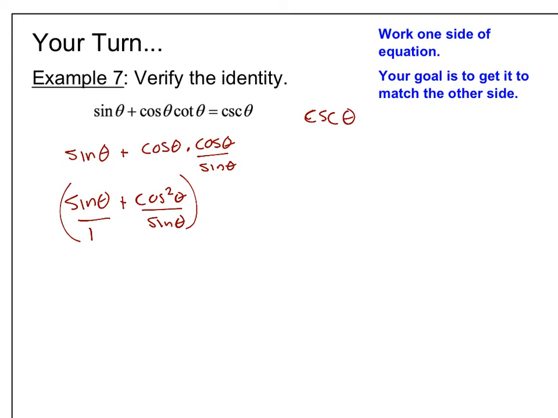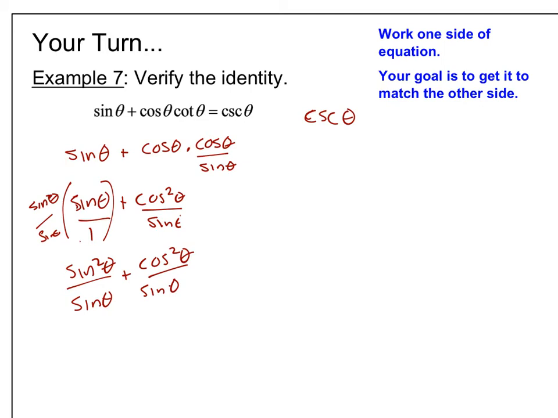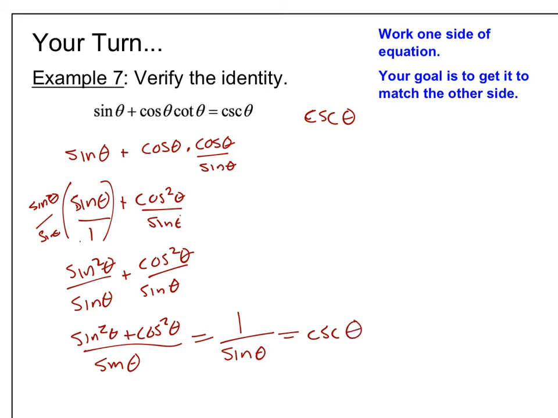Actually, what I can do, maybe not multiply the whole thing, because that's an algebra thing where I would have to do it to both sides of an equation. But what I can do is multiply just this one times another sine. So that becomes sine squared theta over sine of theta plus cosine squared theta over sine of theta. So then I put this together and look what happens. Sine squared and cosine squared together equal 1 over sine of theta, which rewritten is just going to be that.